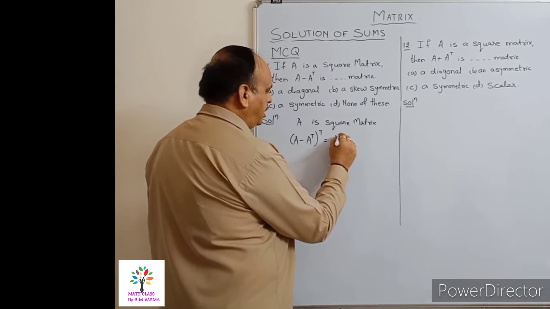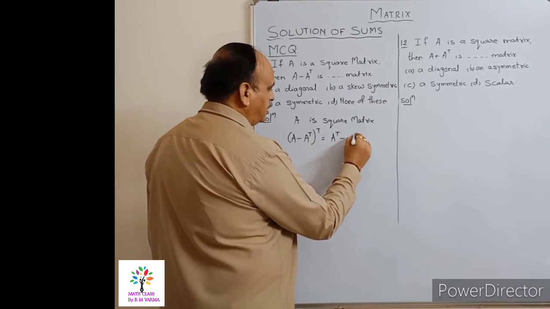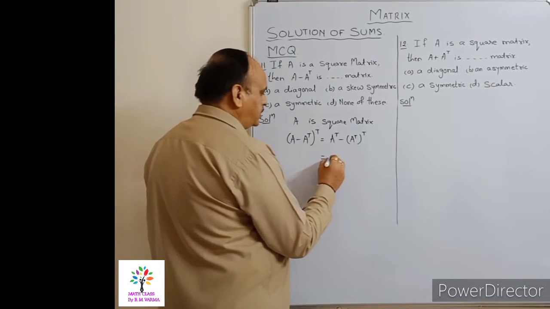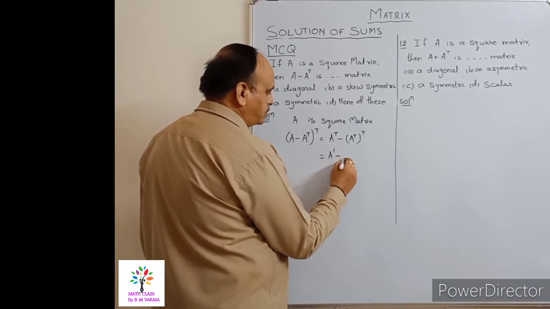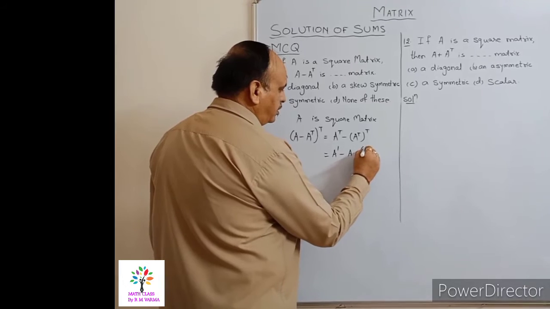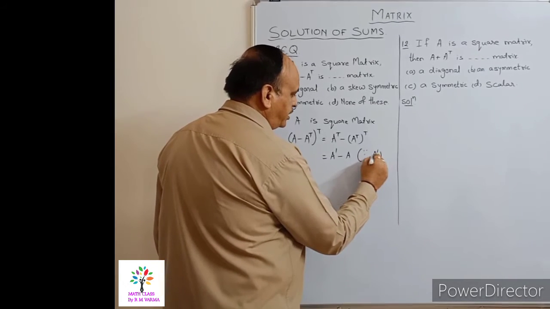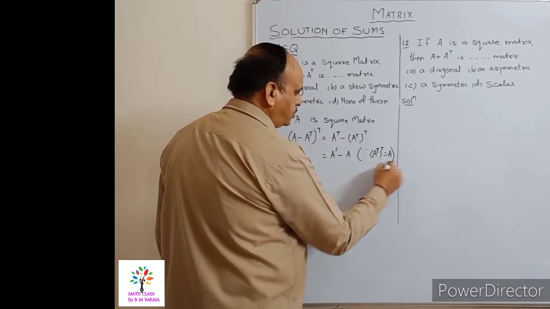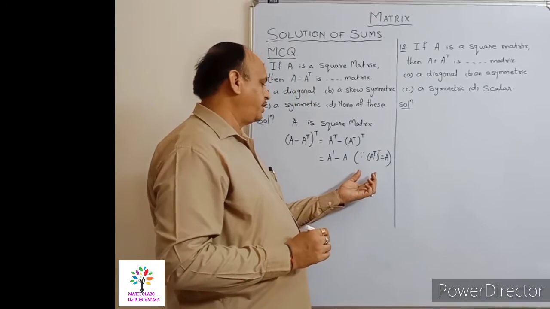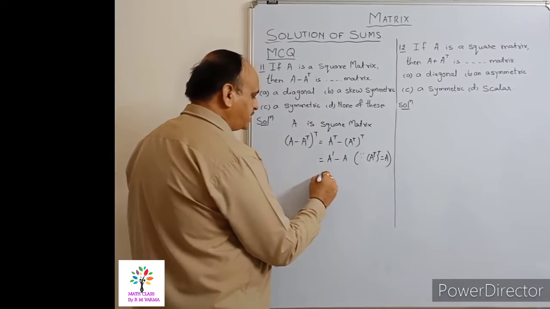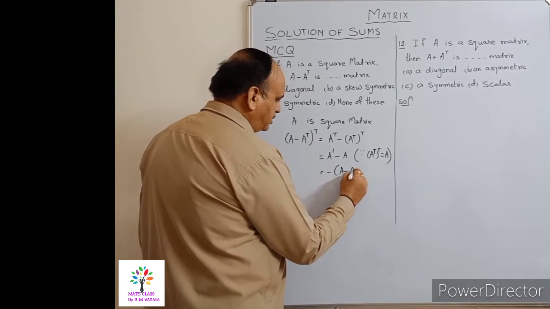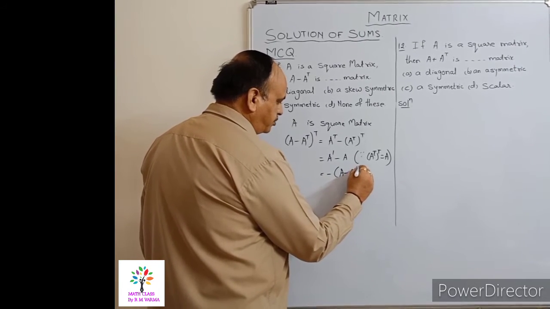It is A transpose minus A transpose whole transpose, which is equals to A transpose minus A. The reason is A transpose and its transpose is equals to A. So this is the reason why we can write A. Now this can be written as minus A minus A transpose.